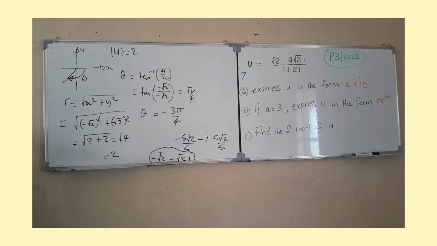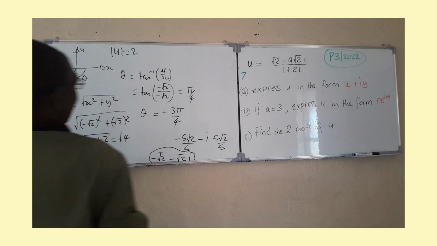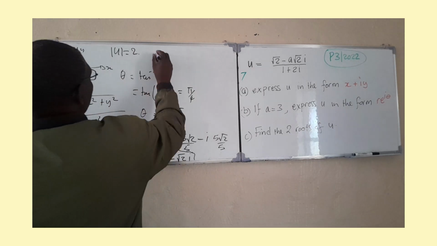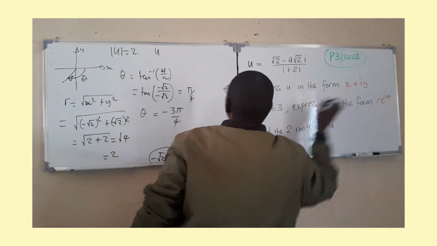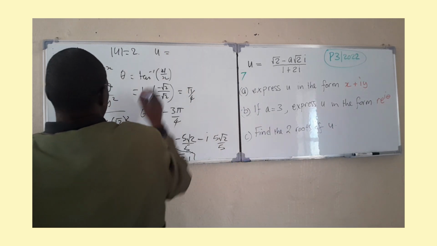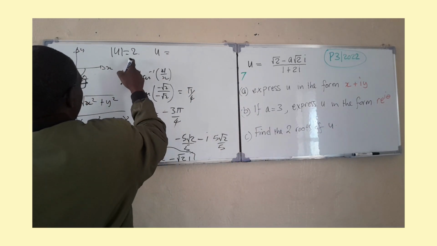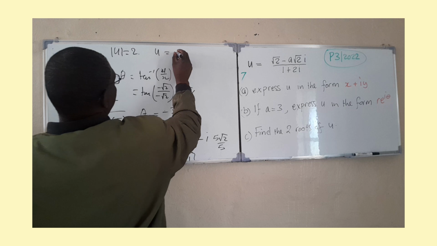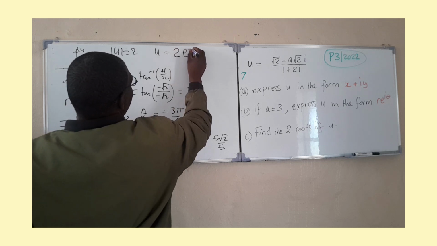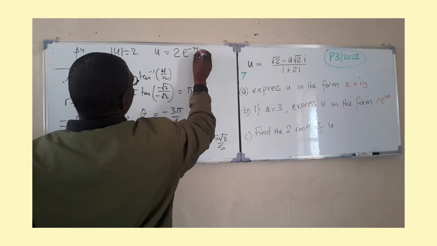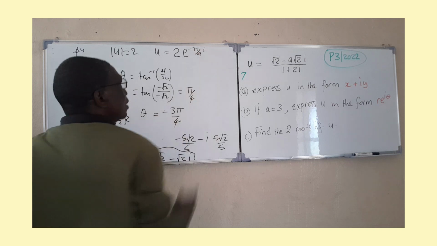Okay, so therefore, now that we know its modulus r, we can write u is equal to, we saw that r is equal to 2, so it's equal to 2 e to the power minus 3 pi over 4 i.